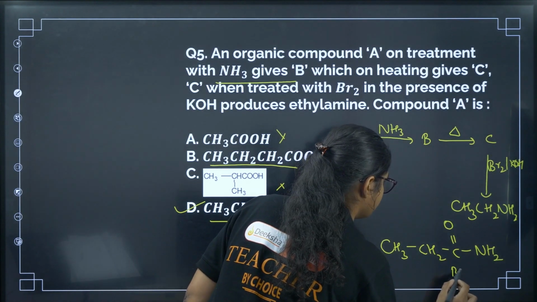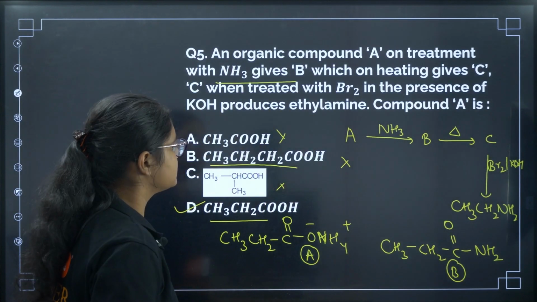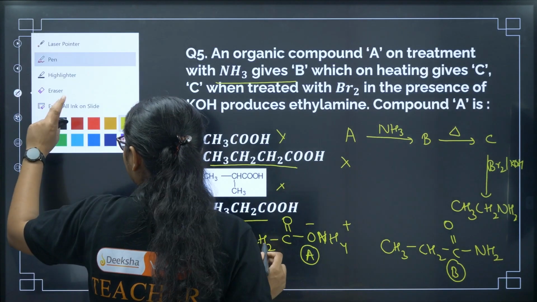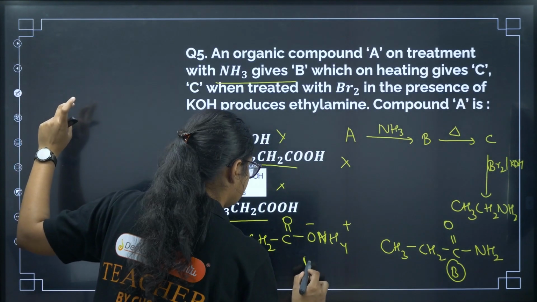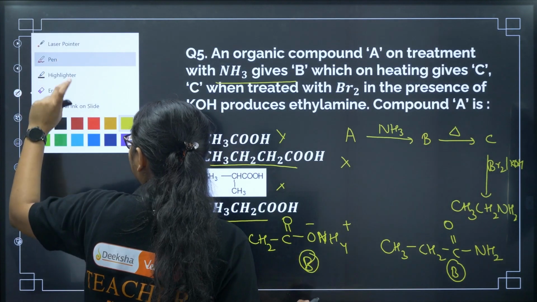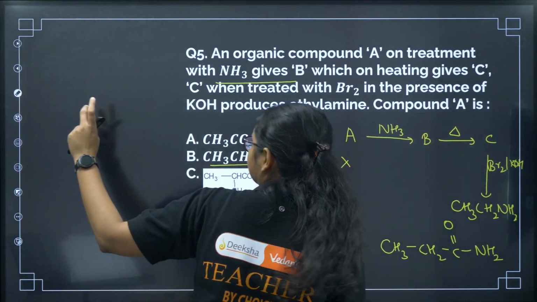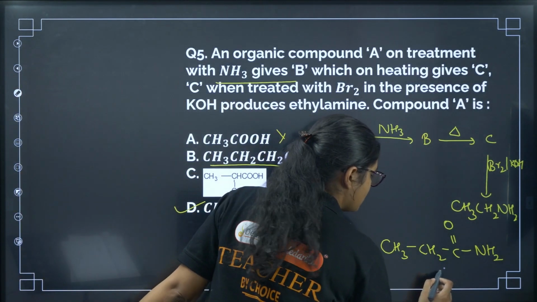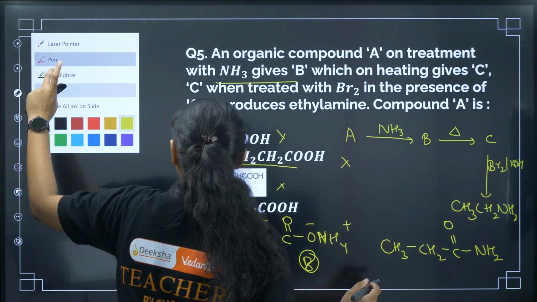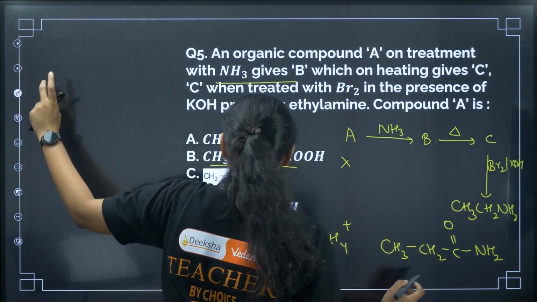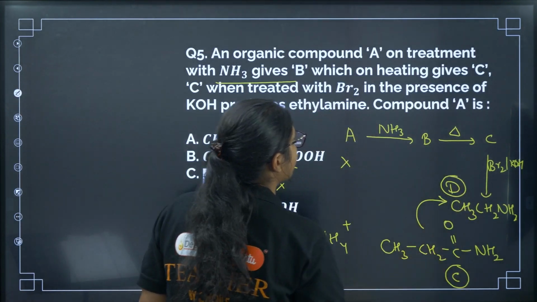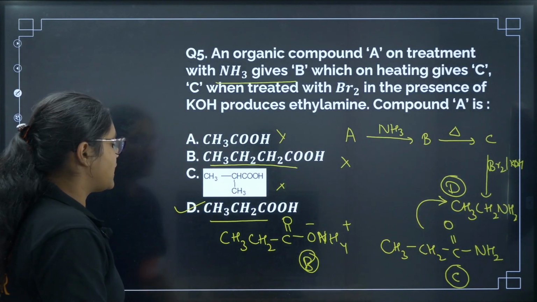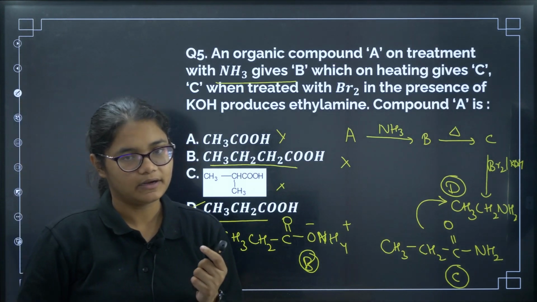So this is your B. Then after heating, that is your C. Now on C, when you do Hofmann bromamide degradation, we get D, that is your ethylamine. So correct answer for this question will be option number D.